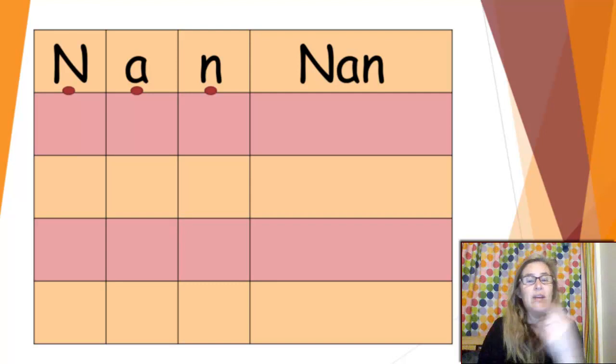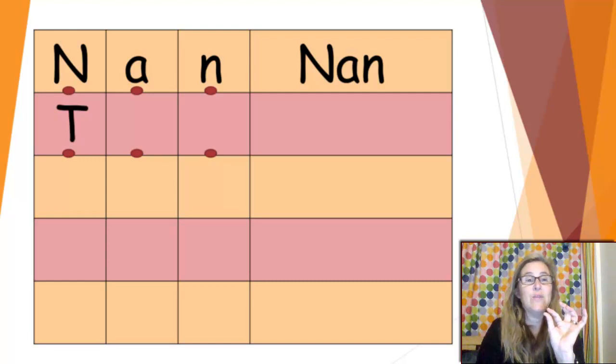Let's try another one. Tom. Your turn. Let's tap it out. T, a, m. Let's put a dot in each box to represent each sound. T, a, m. 3 dots. Alright, let's start assigning the sounds. The first sound was T. What letter do we expect to see there?